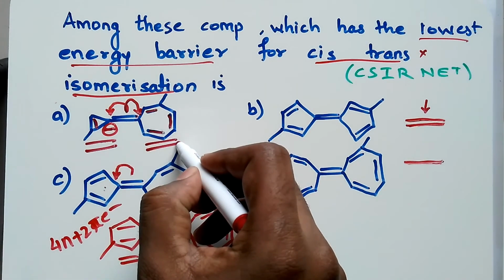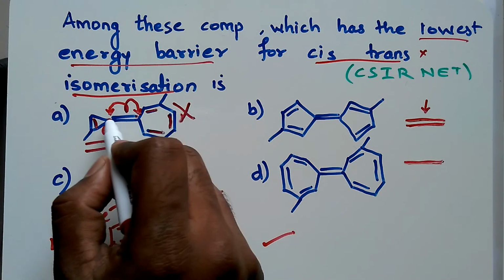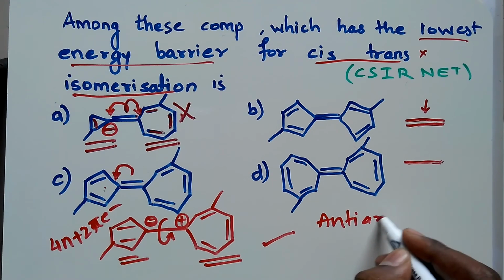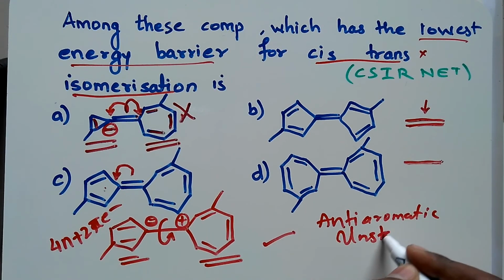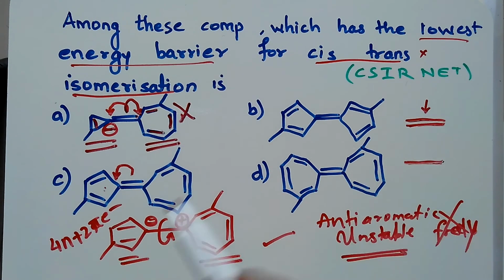Again this part will be anti-aromatic, so this cannot be the answer. What you have to remember is that anti-aromatic compounds are highly unstable, so in nature you don't find anti-aromatic compounds freely available. So this is the answer where aromatization was happening.